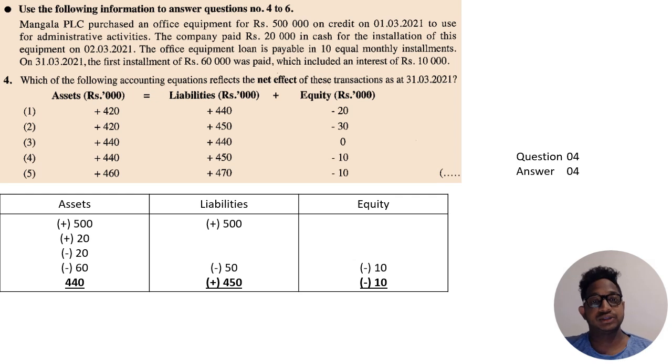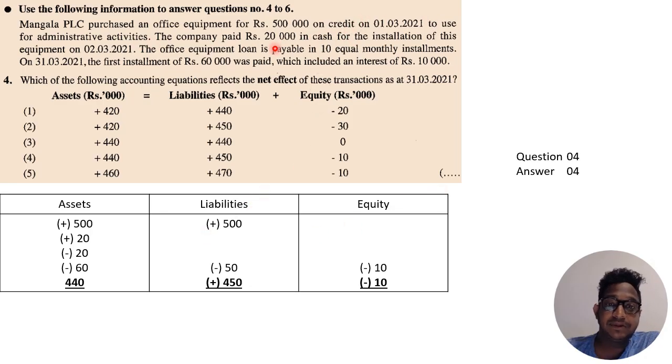We have to answer questions 4 to 6 from these details. Fourth one: which of the following accounting equations reflects the net effect of these transactions as at 31st March 2021? First, you purchase 500,000 of office equipment on credit. So your assets increase by 500,000 and liabilities increase because you purchased the office equipment on credit.